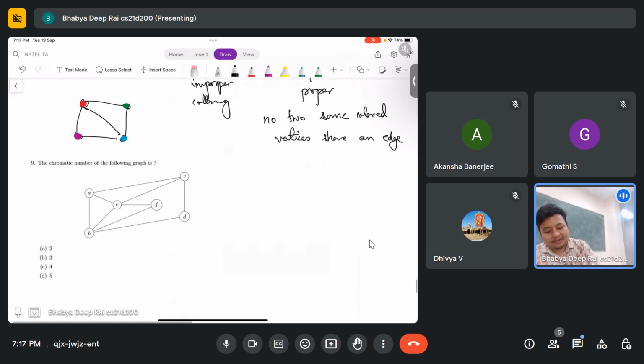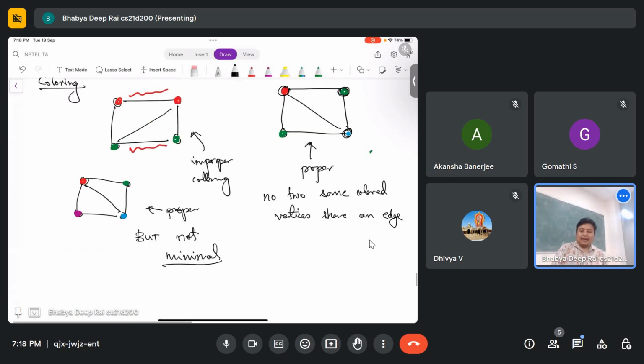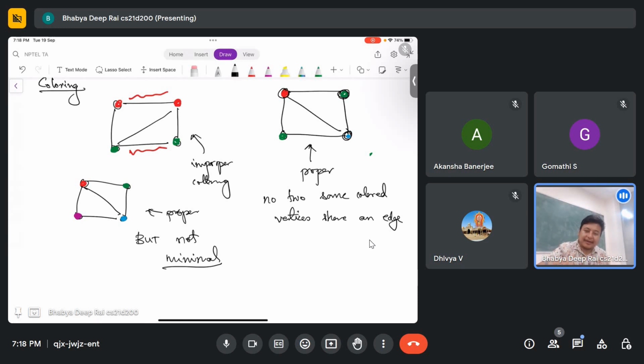Well, this is proper, but not what is called minimal. That is, I can find a set of colors which will do it in fewer than 4 colors, and clearly this is doing it in fewer colors.